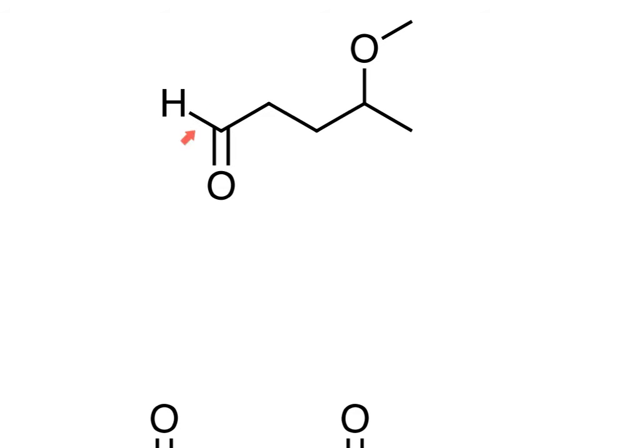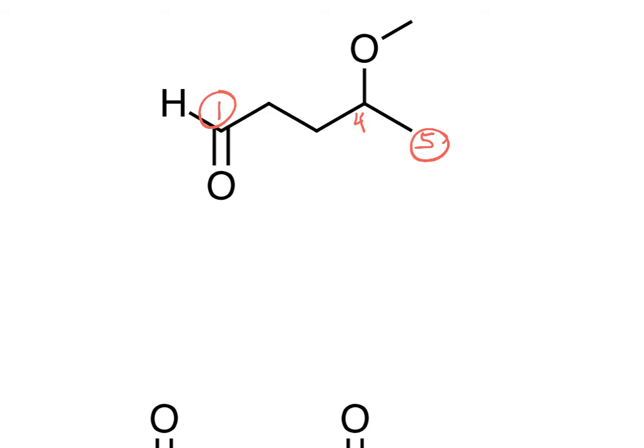And then I'm going to use the AL suffix, the AL ending, for the aldehyde. So then let's go ahead and number this compound. We have carbon number 1 here of the aldehyde. 2, 3, 4 is the location of the methoxy branch. And then I have 5 carbons overall in my chain. So let's write out the full name.